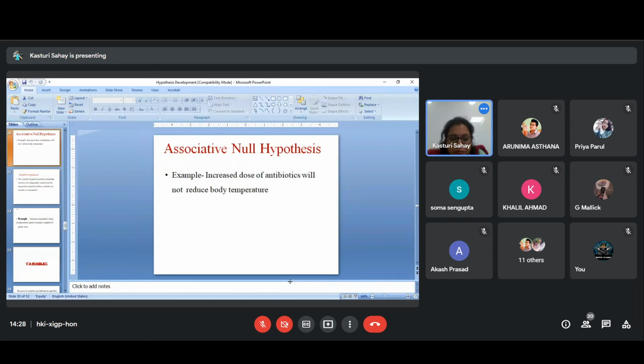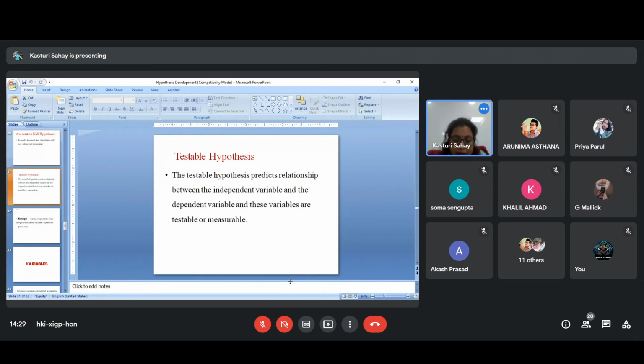All right. And the last is your associative null hypothesis. An example would be: increased dose of antibiotics will not reduce body temperature. So you are trying to prove that there is no association between your independent variable and dependent variable. Right. Now, the third type of hypothesis is the testable hypothesis.